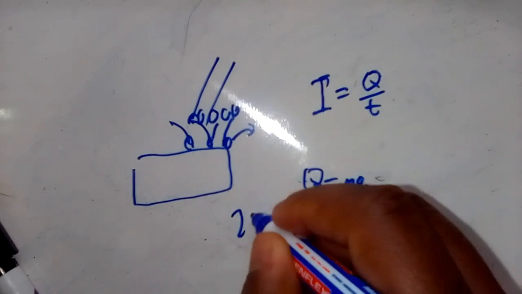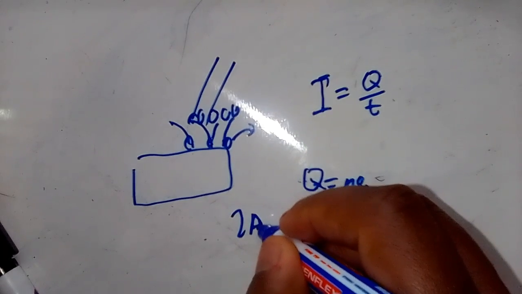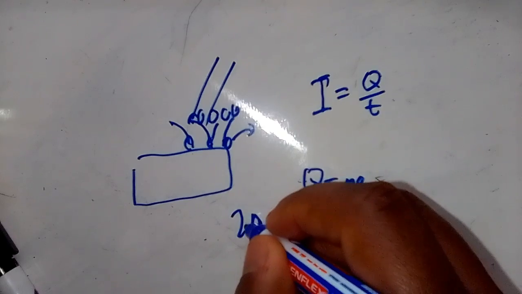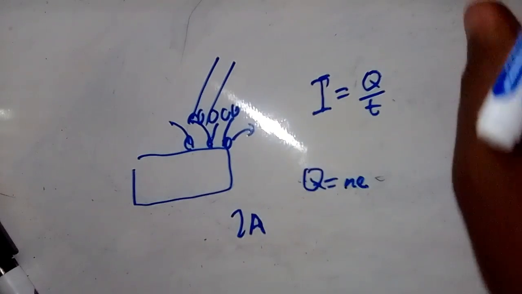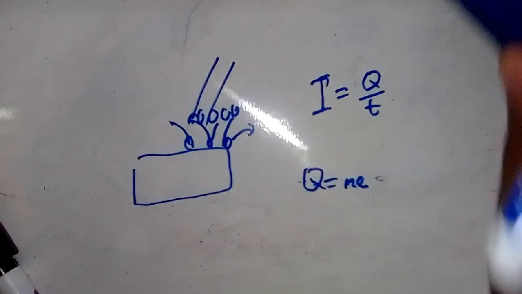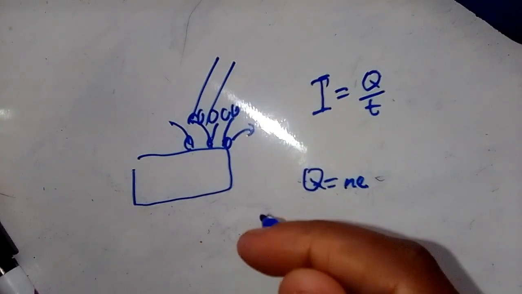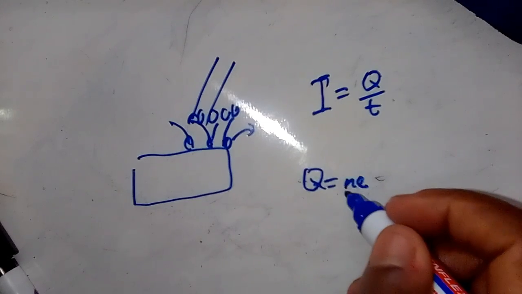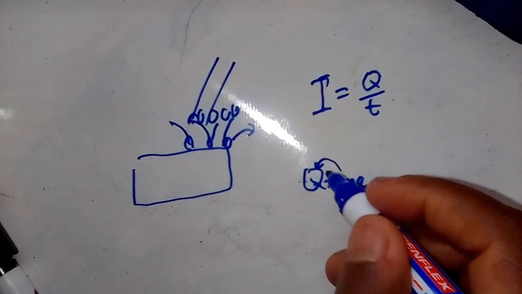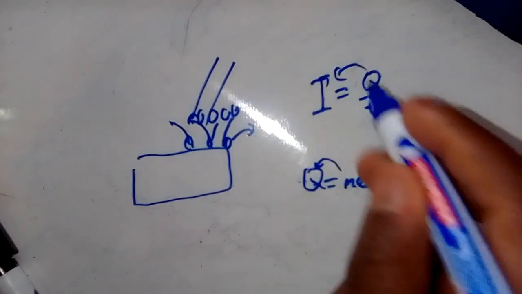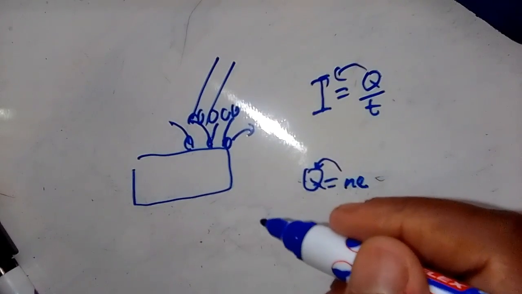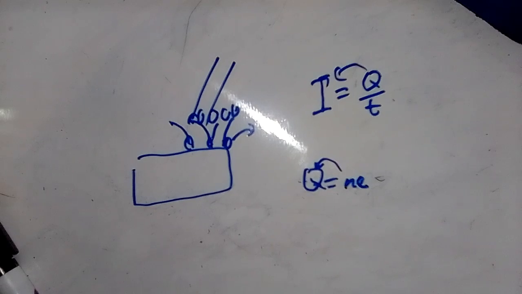Therefore, the ammeter will have a higher reading. Maybe it was 1 A, it will become 2 if I double the intensity, for instance. So the ammeter will now increase. So increasing the number of electrons increases the charge, and increasing the charge increases the current in turn, because they're directly proportional. So I hope you get it.